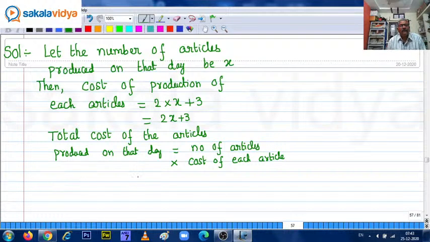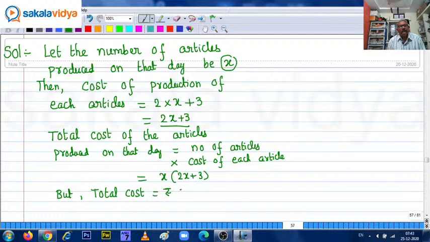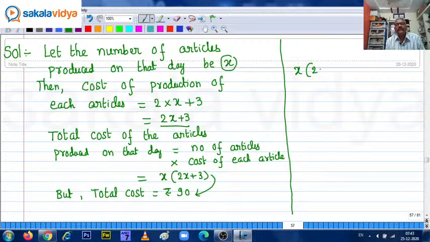So what do you write? The number of articles is x, the cost of each article is 2x plus 3, so x times 2x plus 3. But the total cost is given, rupees 90. That means this is equated to 90. So we get x into 2x plus 3 equal to 90. Now very simple, we are going to get a quadratic equation.